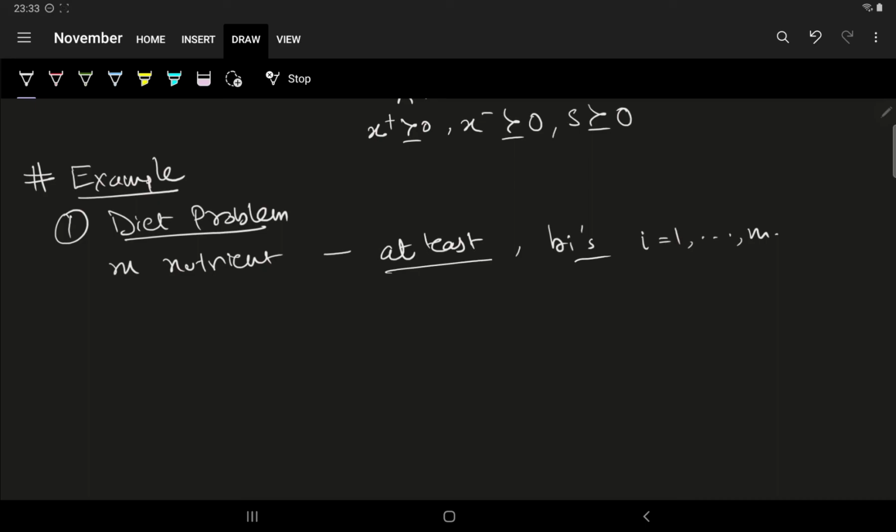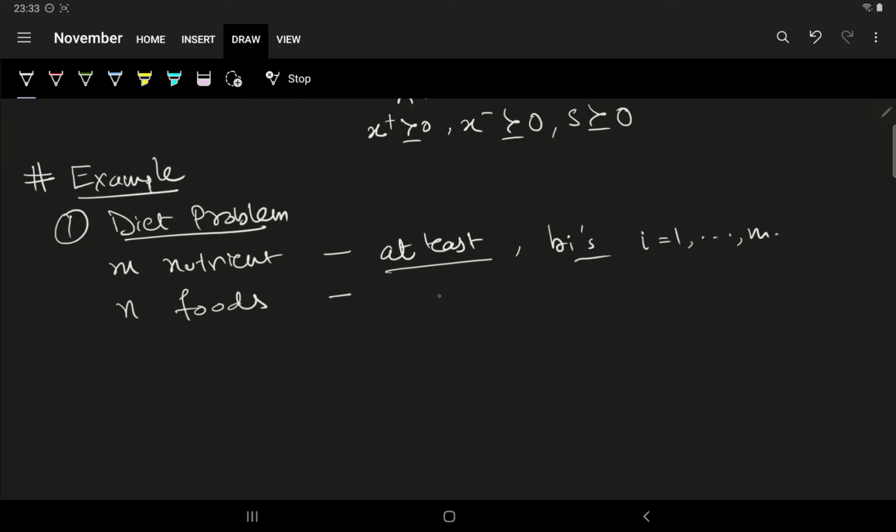Then there are different foods. There are n foods of different quantities.